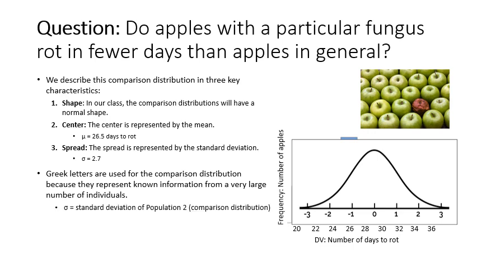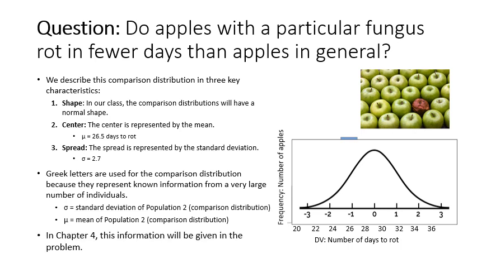So sigma, lowercase sigma, means standard deviation of a population, in this case population 2, the comparison distribution. And mu, lowercase mu, is the mean of population 2, also referring to the comparison distribution. So in this chapter, you'll find this information in the problem itself. Let's take a look.